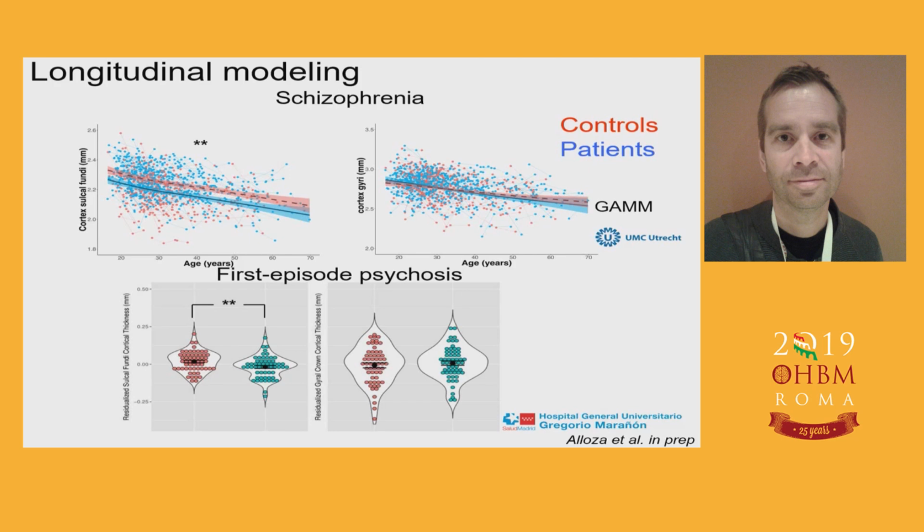We then went to a separate sample of first episode psychotic patients and found the same effect. So this means that there might be disproportionate cortical thinning that is more prevalent in sulci than in gyri, which might be interpreted as indirect evidence for more prevalent thinning in supragranular layers in schizophrenia as compared to the deeper layers, the infragranular layers.